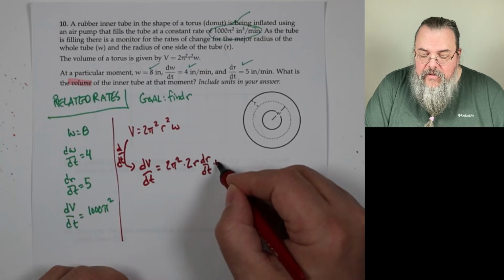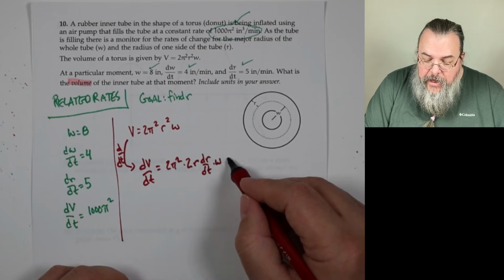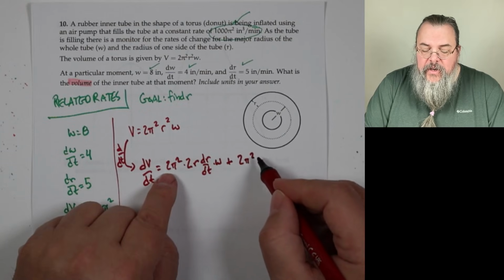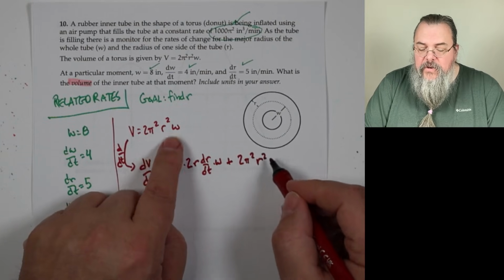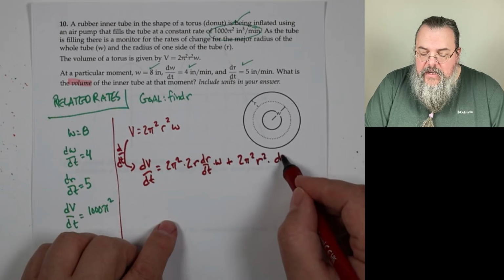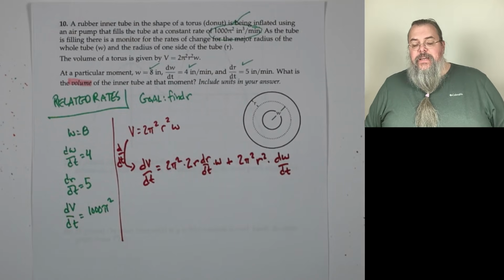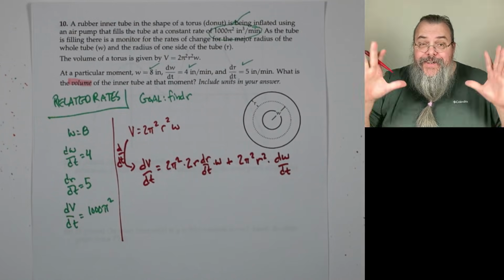The w stays as is, plus, derivative of the first, and then 2 pi squared r squared, leave the first alone, times the derivative of the second, dw/dt. Okay, so that's our setup.